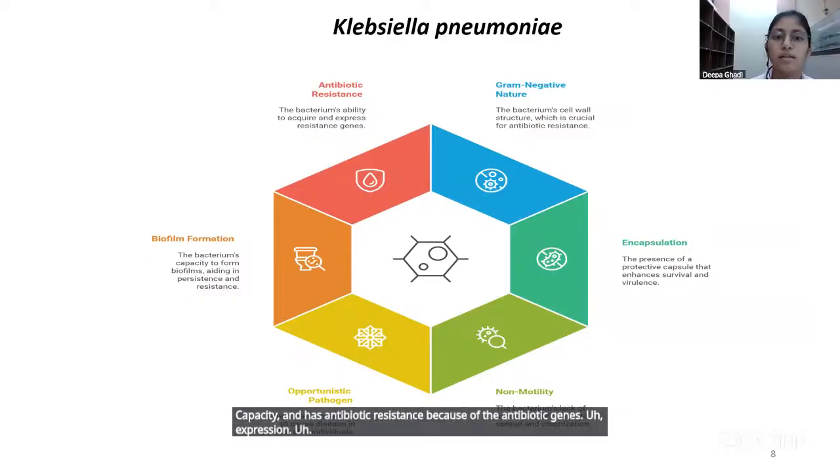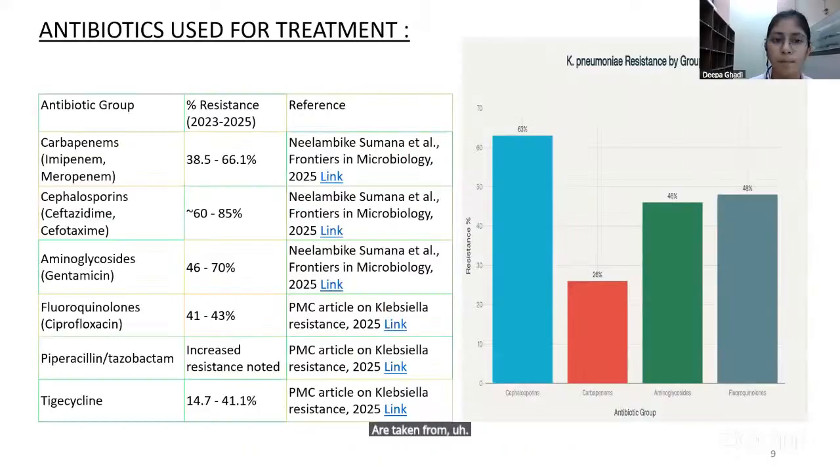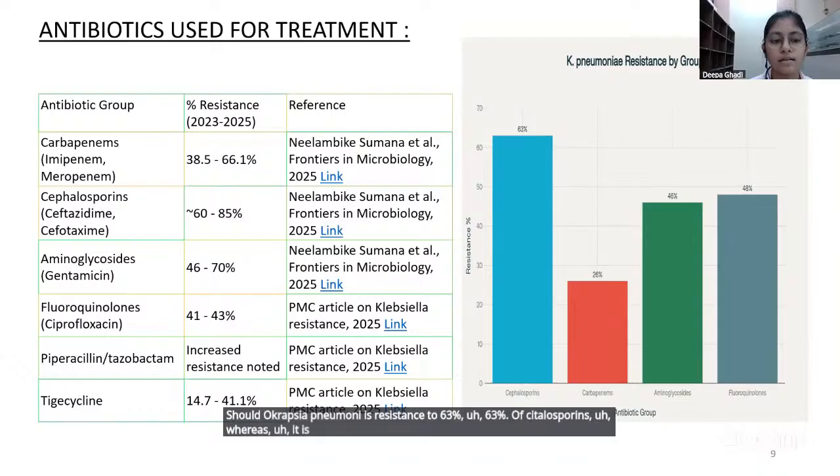This is again data taken from reference papers, and as per papers, Klebsiella pneumoniae is resistant to 63% of cephalosporins, whereas low resistance is shown to tigecycline and carbapenems.